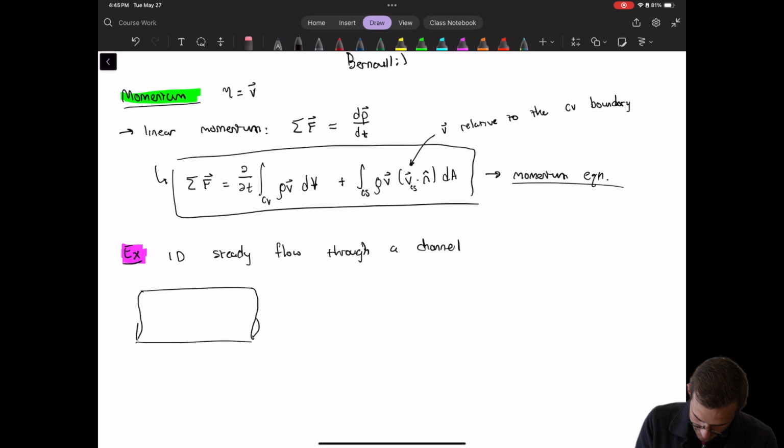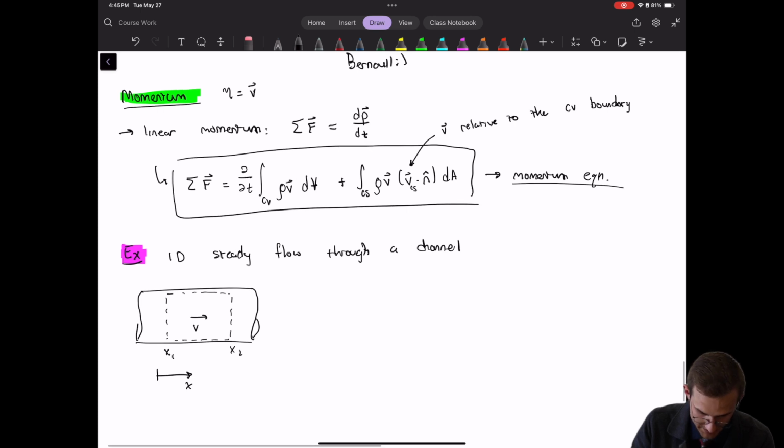So we'll put our control volume here. Let's say we have point x1 and point x2. The x direction, of course, is moving to the right. We have some flow velocity going to the right. And then we also have some force of friction acting on the channel walls. Okay? And we have a known cross-sectional area A.